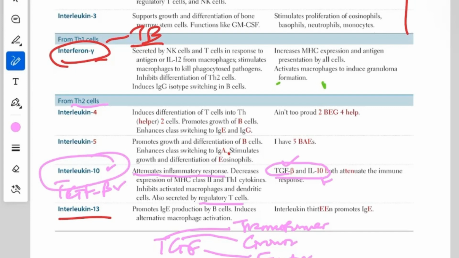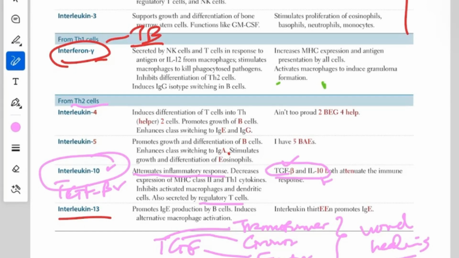Besides dampening the immune response, when we get to wound healing in pathology next week, TGF and interleukin 10 are also involved in wound healing, which I didn't talk about here. I'm just giving you preambles for next week.